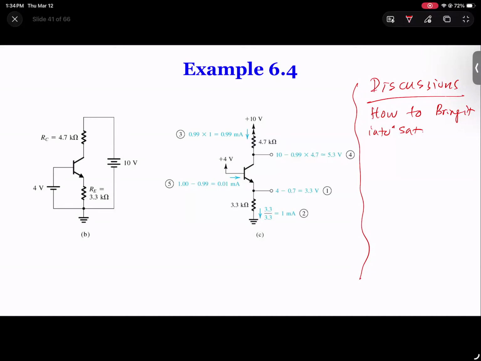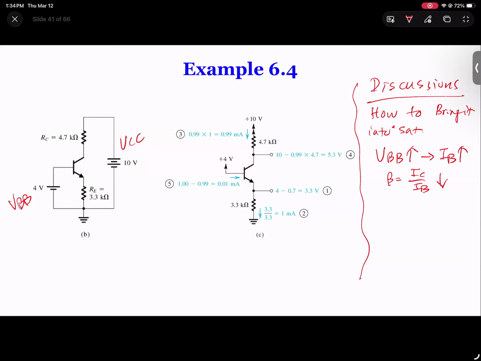So what do we do if we increase VBB? If you increase VBB, IB increases, right? So if IB increases, your beta, IC over IB, will decrease.